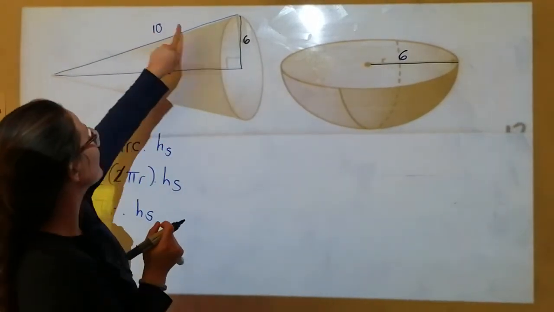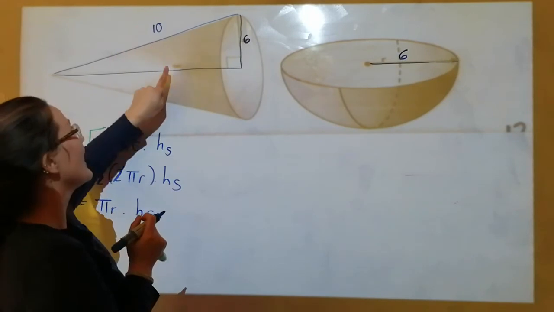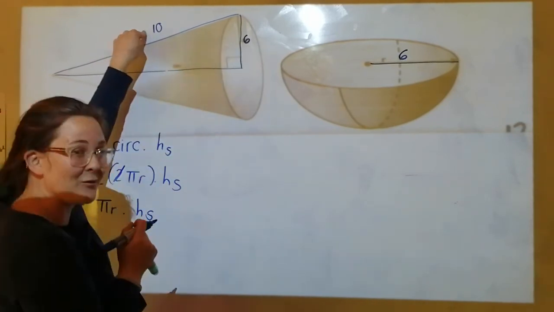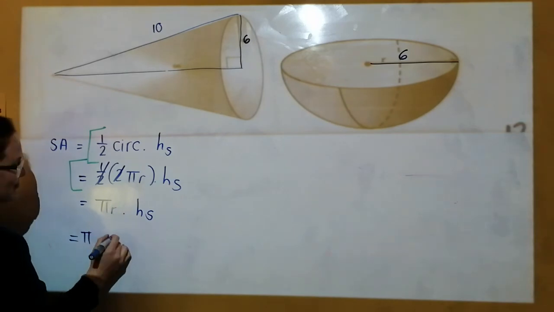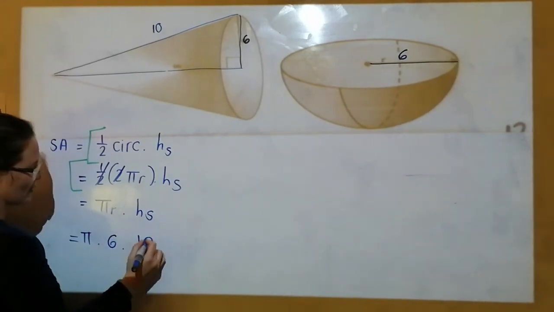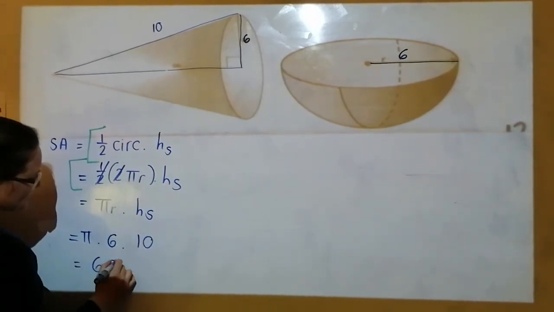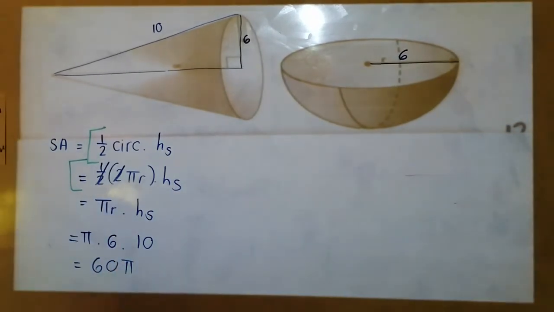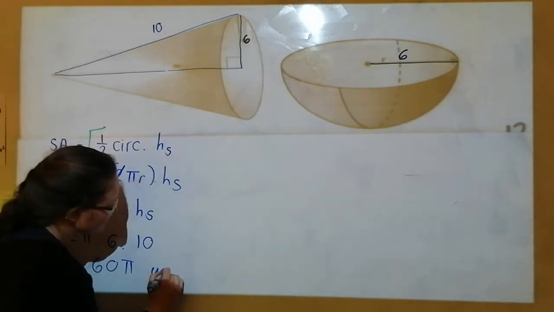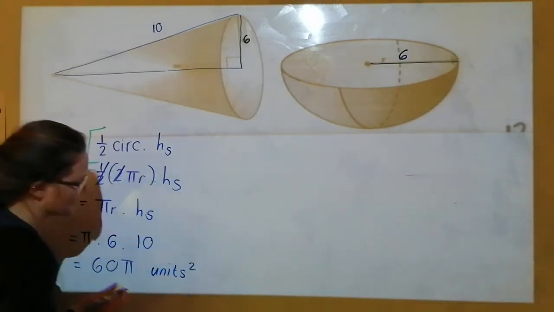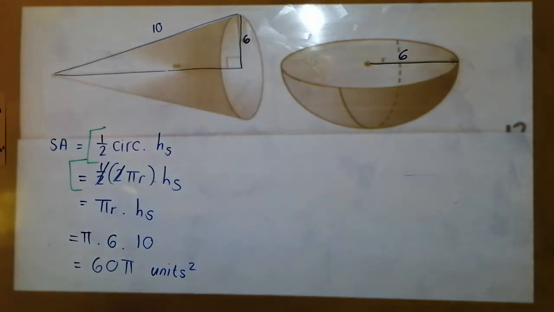Because it came out very nicely in this Pythagorean triplet with 8 and 6, and I got 10 over there. So I'm keeping it 6. So pi times the radius, which is 6, times the height slant, which is 10. That is 60 pi. I'm going to keep it like that, and I'm only going to round off my very final answer. So 60 pi units squared, because we don't know what unit it is.